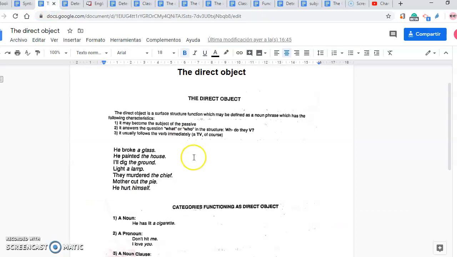What do the victims know? Okay, so it usually follows the verb immediately. A transitive verb, of course. He broke a glass, he painted the house, I'll dig the ground, light a lamp, they murdered the chief, mother cut the pie, he hurt himself.